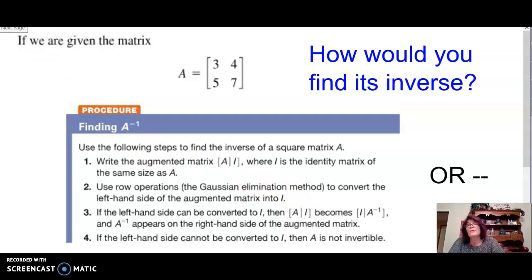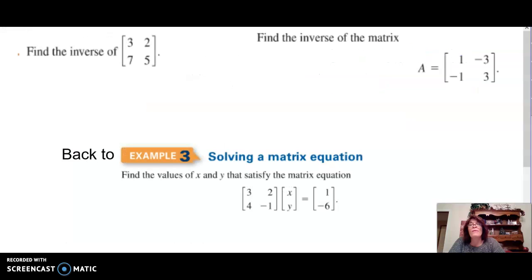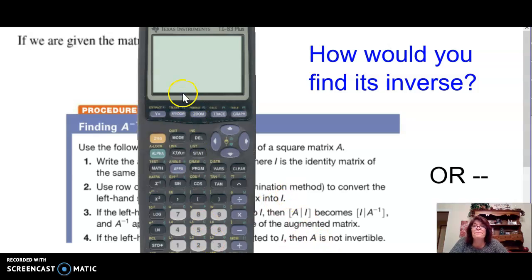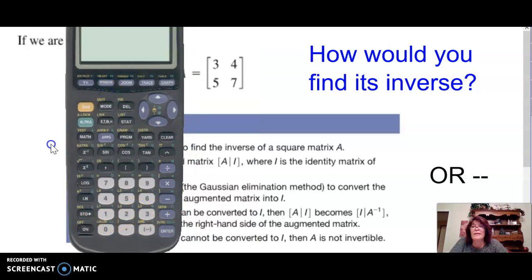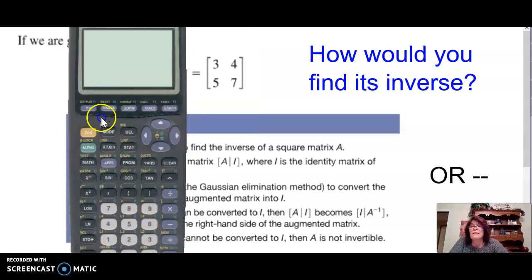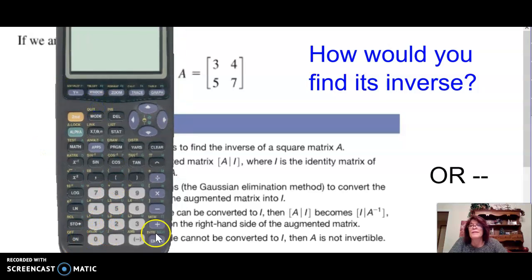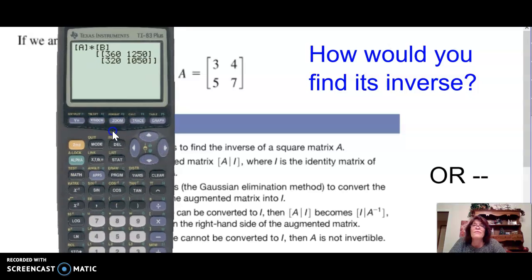So what is it? 3, 4, 5, 7. We're going to find this inverse. Let me show you on the calculator how to find it. First, of course, you have to enter the matrix in there.